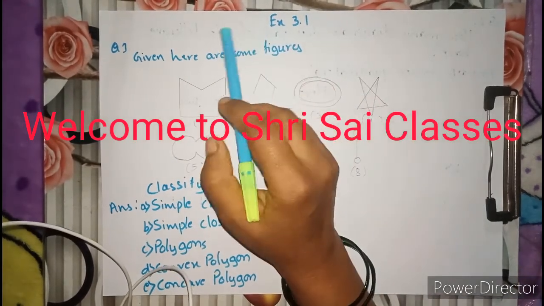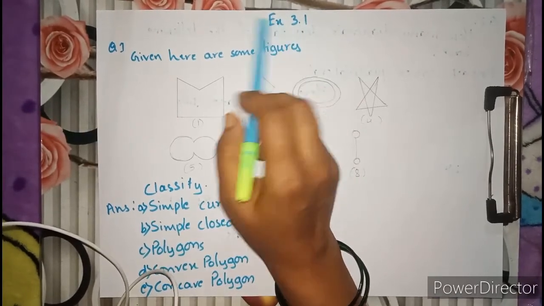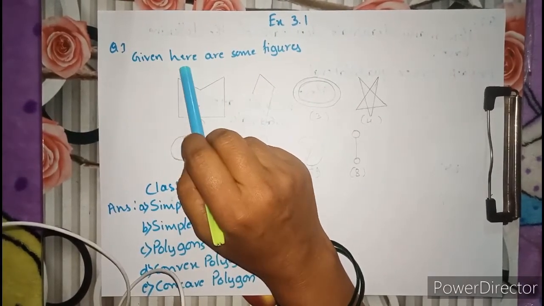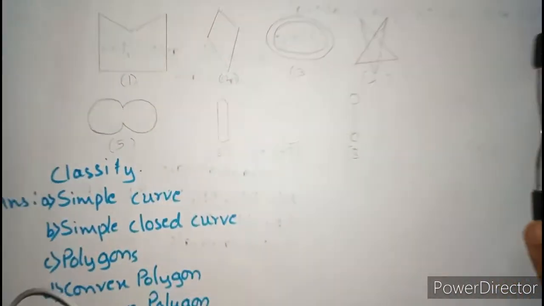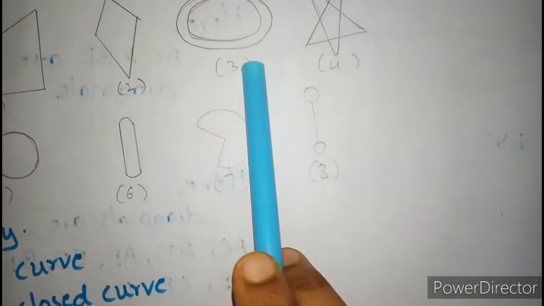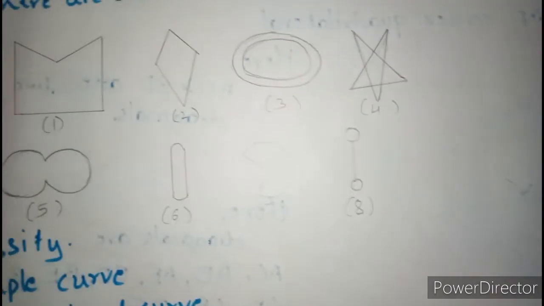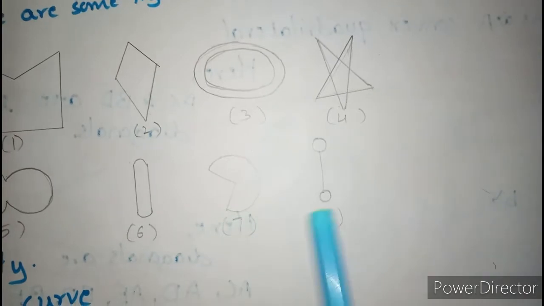In today's class, we will solve the examples of exercise 3.1. Question number 1. Given here are some figures. Okay, I'll zoom it. 1, 2, 3, 4, 5, 6, 7, 8.